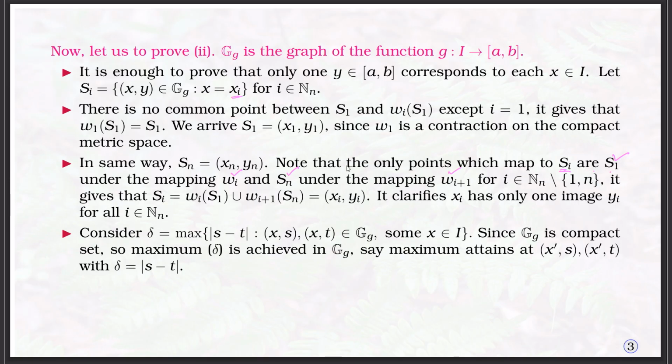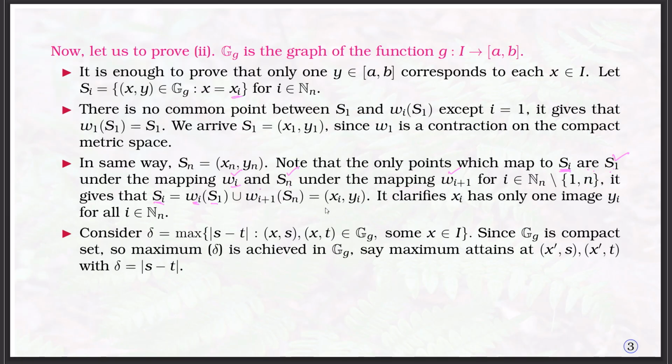So here note that the only point which maps to S_i is S1 under the mapping W_i. Similarly, Sn under the mapping W_{i+1} will map to S_i. So it gives that S_i can be written as the union of W_i of S1 and W_{i+1} of Sn.